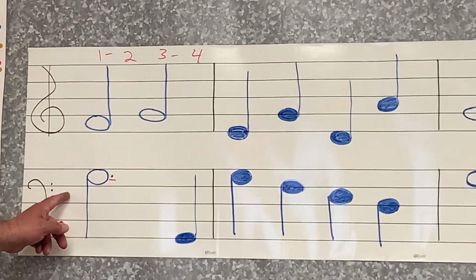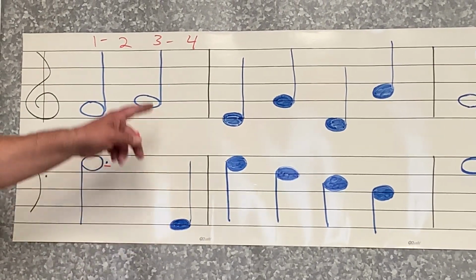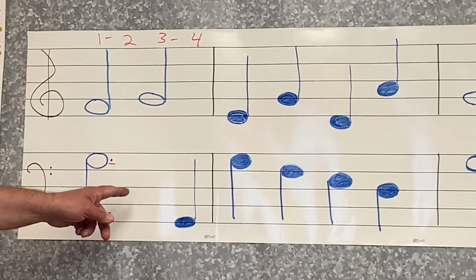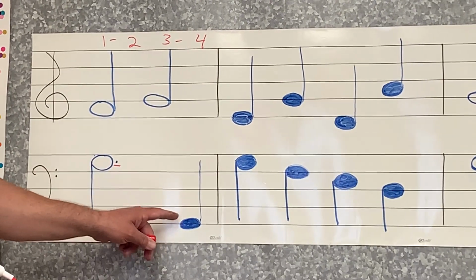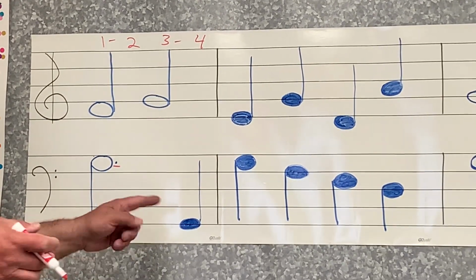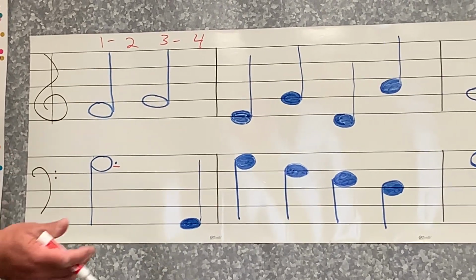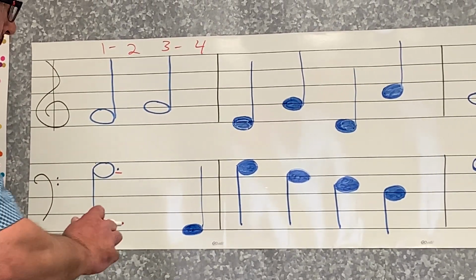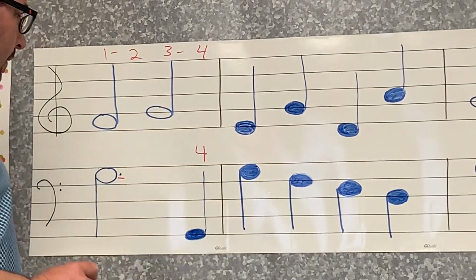And in the bass clef in the first measure, we have 2 notes, and we know that since there is no rest in this measure, these 2 notes are going to have to add up to 4 beats. So if we want to work backwards, we look at this note and say, well, we know what that is. That's a ta, or a quarter note, and that gets 1 beat. So that would be beat number 4.